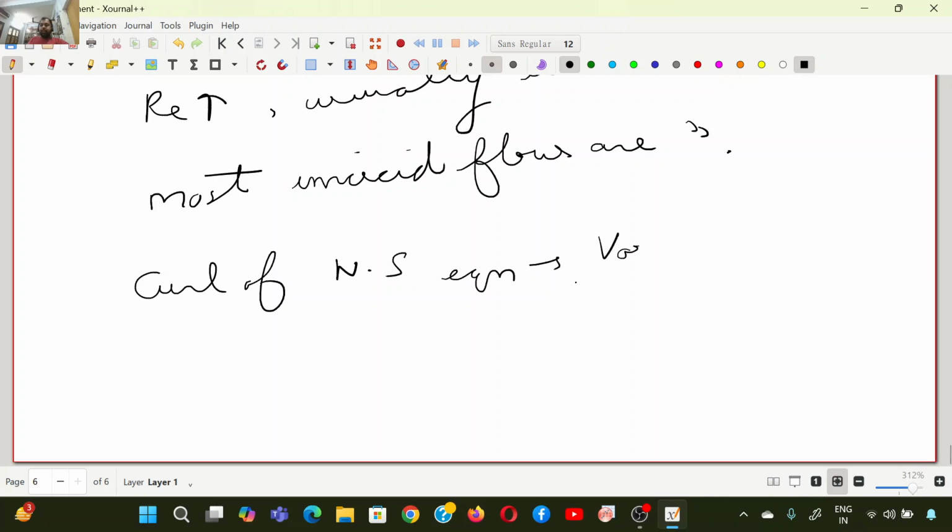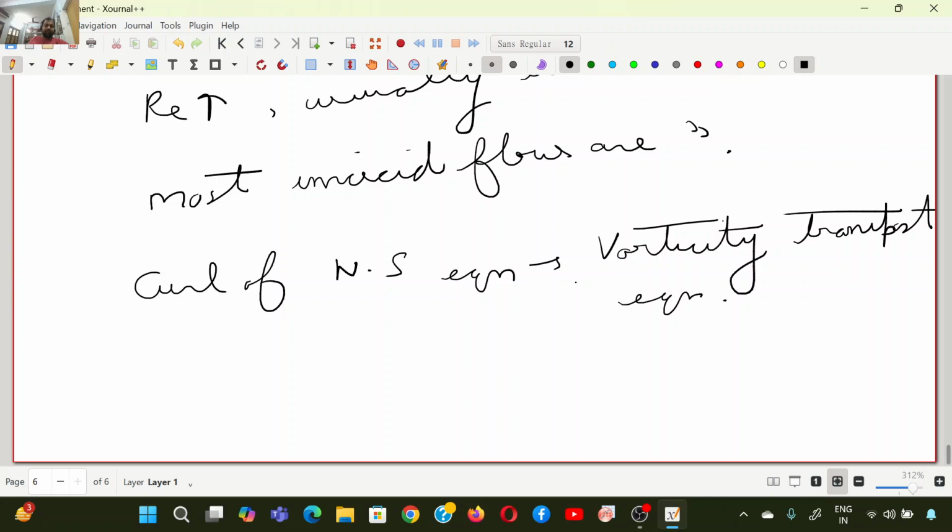That will give you the vorticity transport equation, which goes like this.